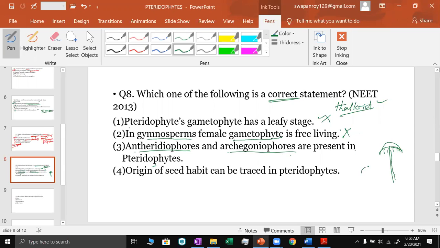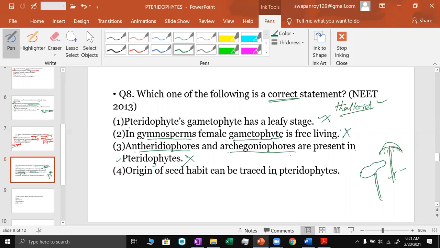This umbrella-like structure is present in bryophyte, not in pteridophyte. Antheridia and archegonia are the reproductive sex organs of the pteridophyte also, but they don't have archegoniophore and antheridiophore. So this is also a wrong one.